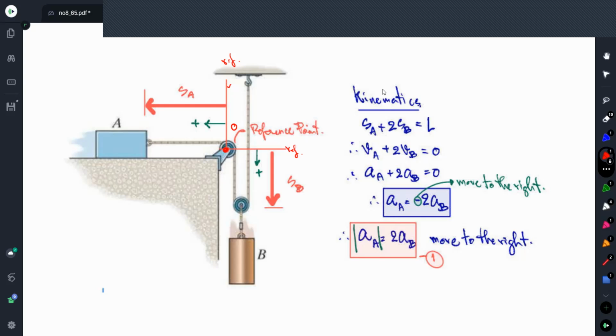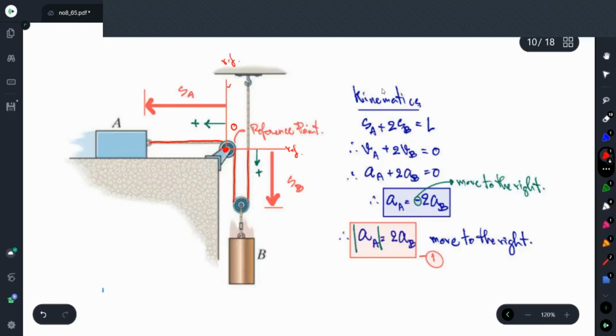Okay, from this, we may find the length that we set up to be the constraint. It is composed of this length and also this length. If we consider this system, the length of the cord is constant. If we combine these three parts, it becomes a constant length that controls our motion.